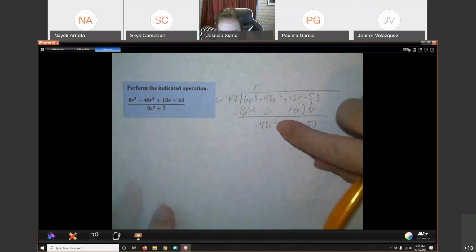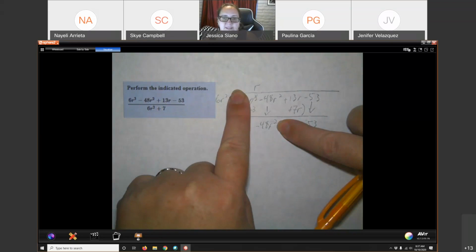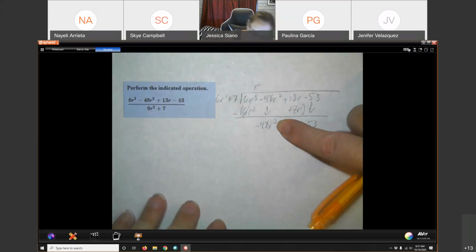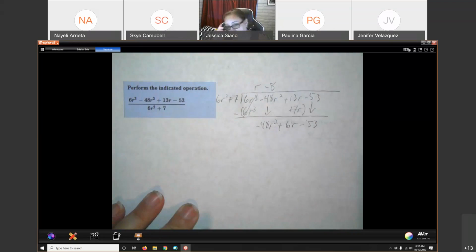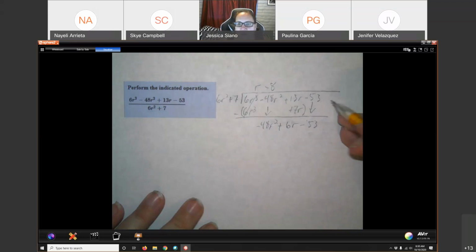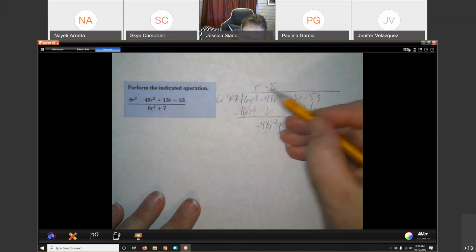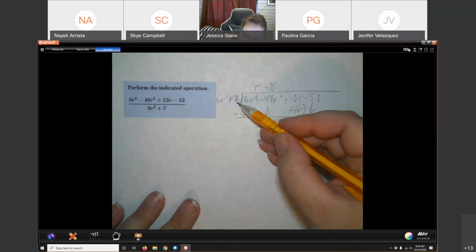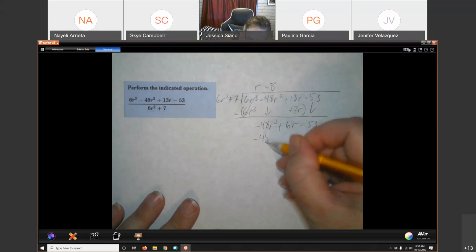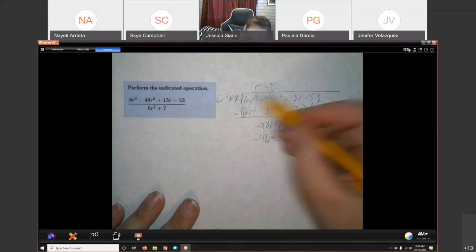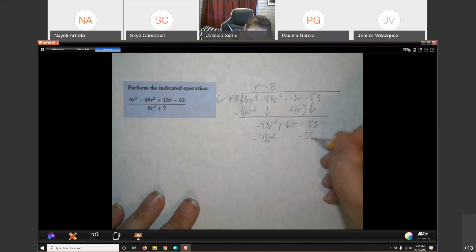Okay, now again, front and front. What is negative 48r squared divided by 6r squared? That's going to be a negative 8. And then we multiply. Negative 8 times this would be a negative 48r squared, and then a minus 56.